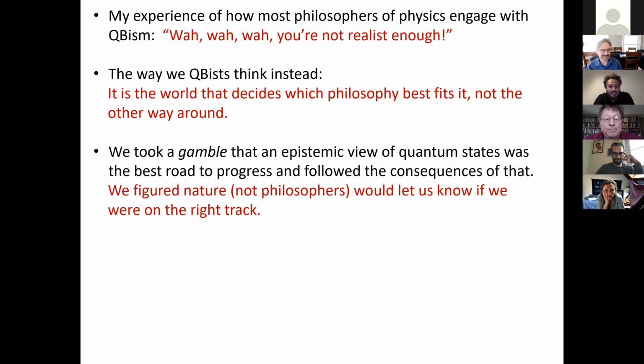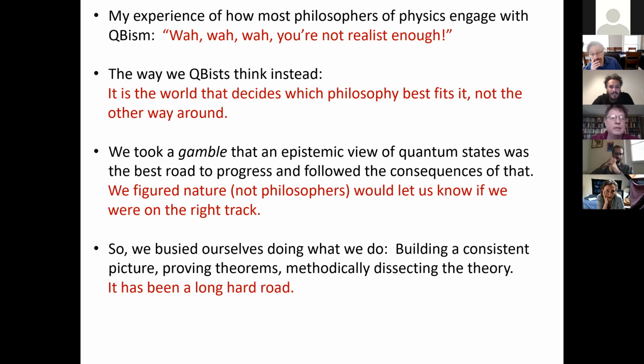We took a gamble that an epistemic view of quantum states was the best road to progress and followed the consequences of that. We figured nature, not fellow philosophers, would let us know if we were on the right track. So we busied ourselves doing what we do, building a consistent picture, proving theorems, methodically dissecting the theory, and it's been a long, hard road.